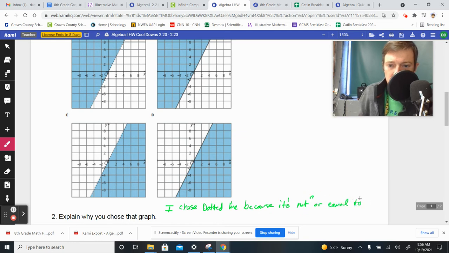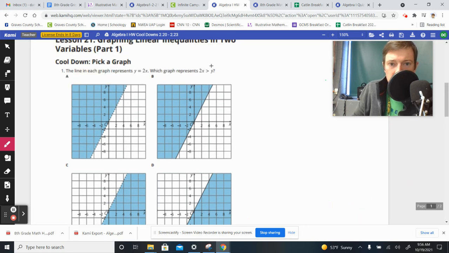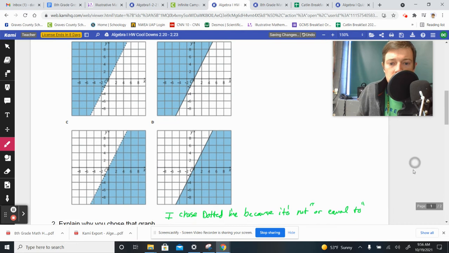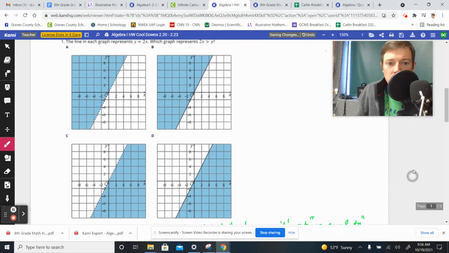I'll put that in parentheses because if you look back at this, you'll notice that it's a greater than and not a greater than or equal to. If it was a greater than or equal to, it could possibly be the filled in line. So that's the reason why I'm only going to focus on either A or C here. It's either going to be this one or that one. So I chose the dotted line because it's not or equal to.